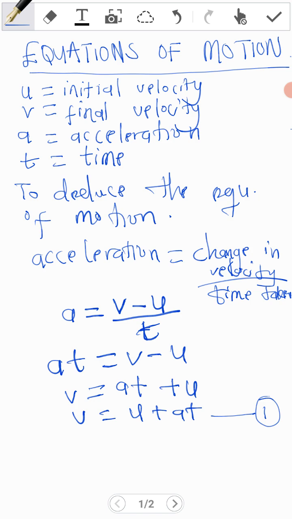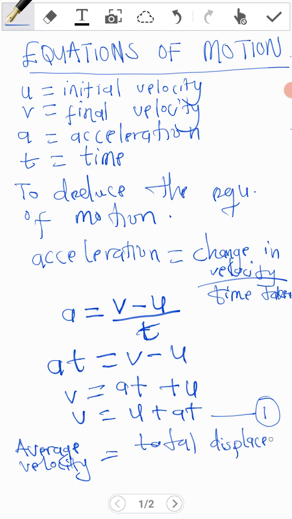Okay, now we would want to know the other equations, but first we have to know that average velocity is equal to total displacement all over total time taken, right?